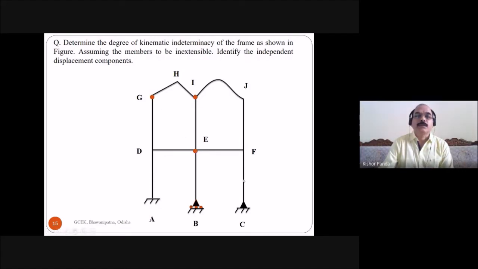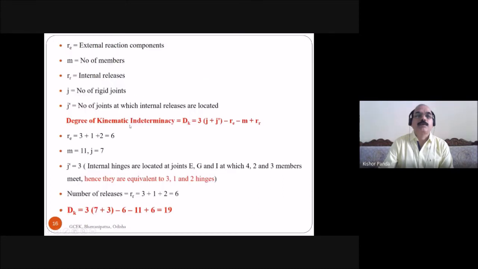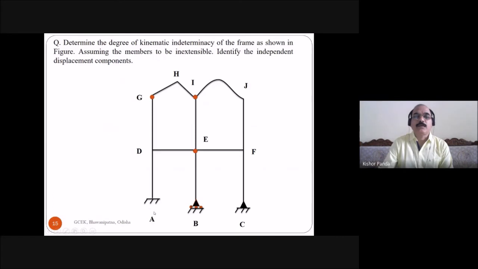These are the members. Here, because there are internal hinges, using this formula, dk is equal to 3j plus zs minus re minus m plus rl, to find out the degree of kinematic indeterminacy. First find the total number of reaction components. Here 3 plus 1 plus 2. The reaction re is equal to 6.